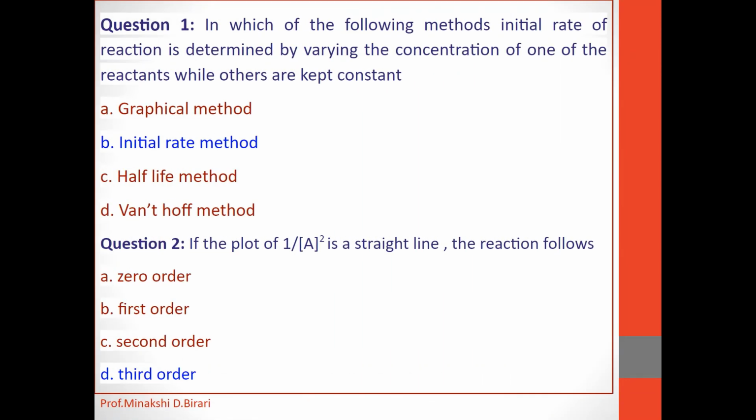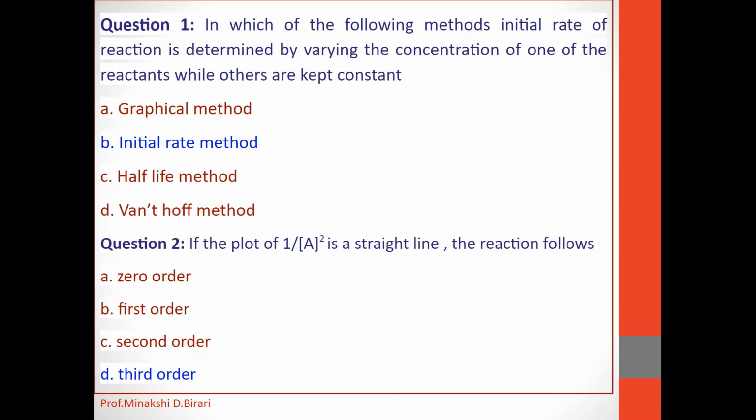So these are some questions related to these topics. We have studied the various methods which are used to determine the order of chemical reaction. Based on this topic, these are some questions. In which of the following methods is the initial rate of reaction determined by varying the concentration of one reactant while others are kept constant?